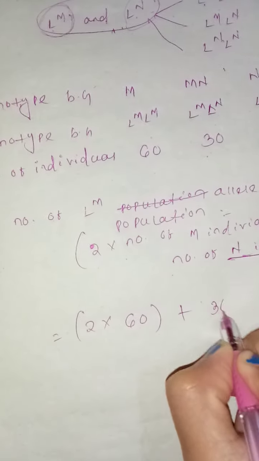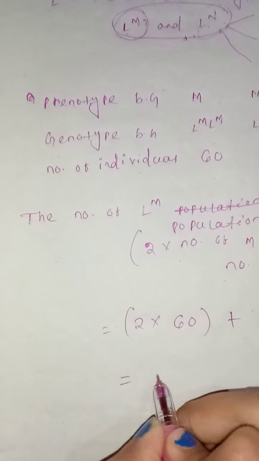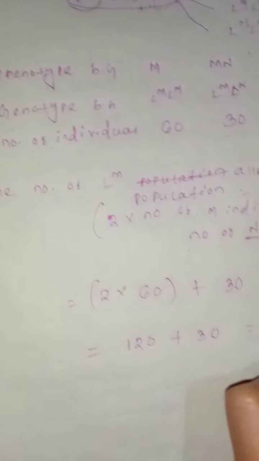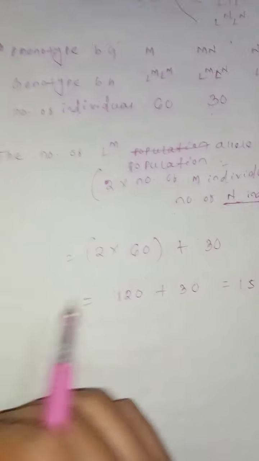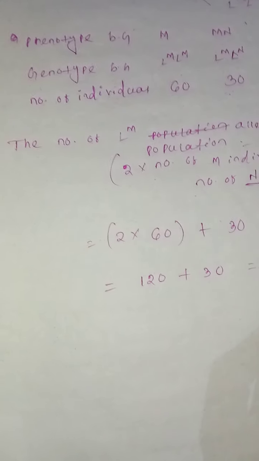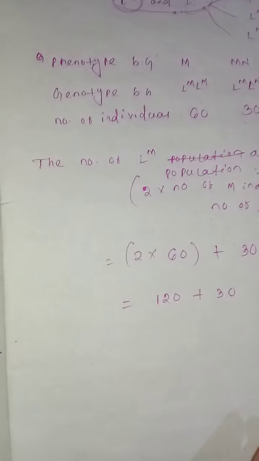So 120 plus 30 is equal to 150. So the number of LM alleles in the population is 150.